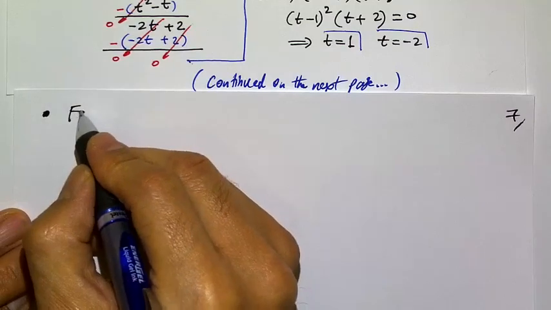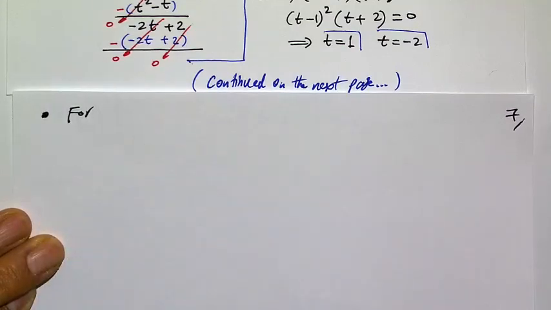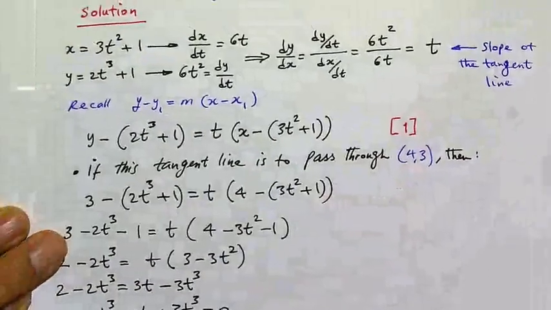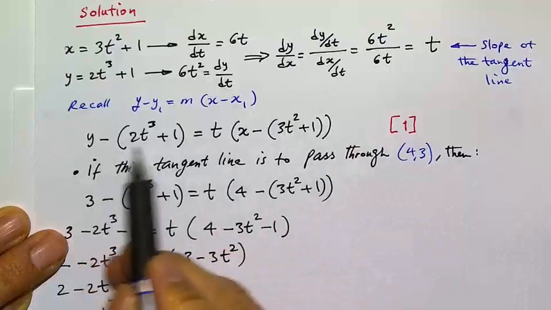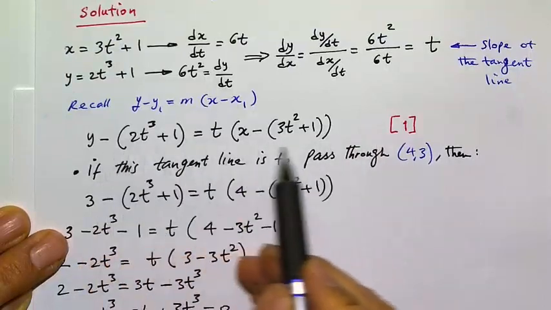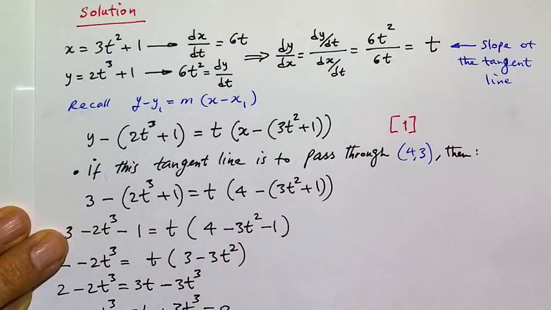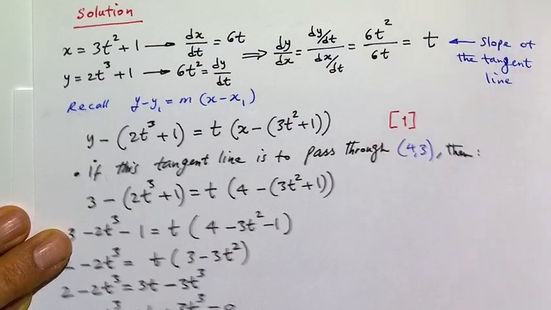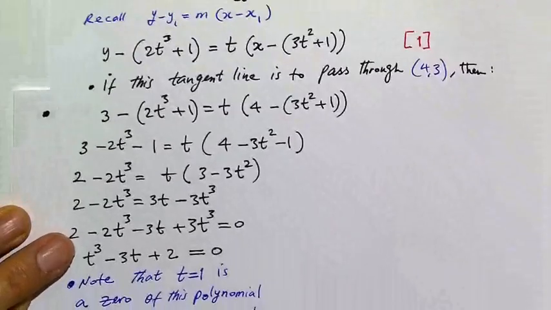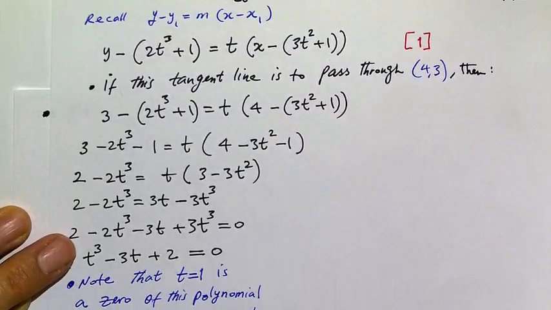Okay, so now we're going to revert back to equation 1, right? Because this equation gives us the tangent line, but we're going to have tangent lines at two locations.